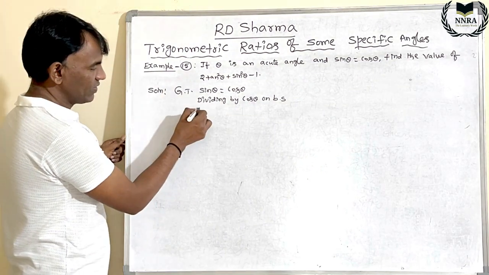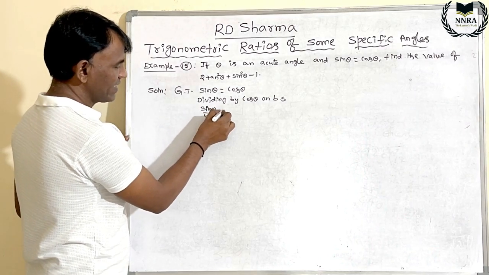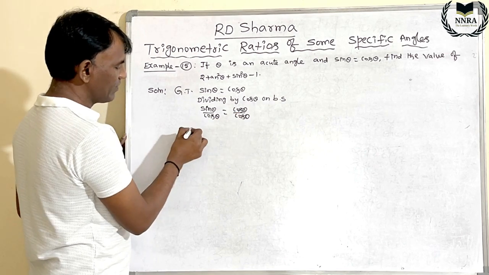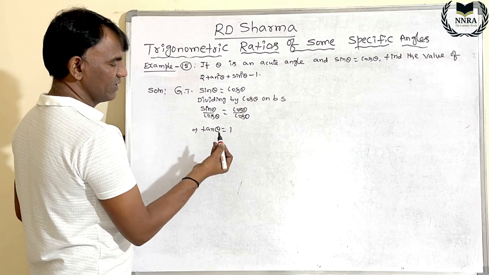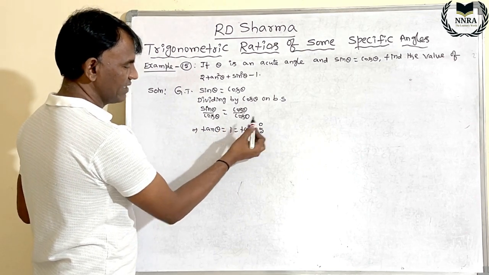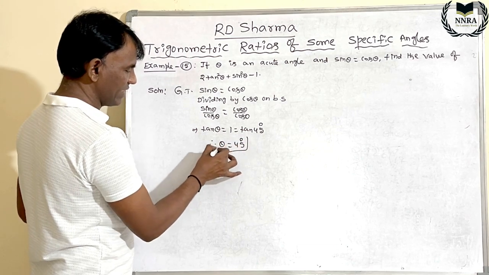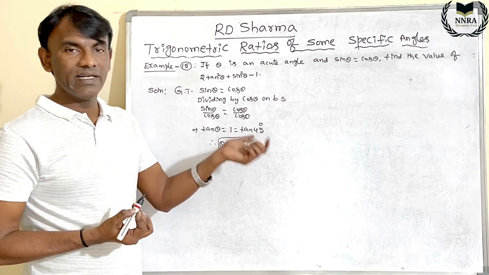Sin theta divided by cos theta on this side, cos theta divided by cos theta on that side. What is sin by cos? Tan. So it is tan theta equals 1. So 1 means tan 45 degrees. Now what is the value of theta? Theta equals 45 degrees. 45 is less than 90, so it is an acute angle.